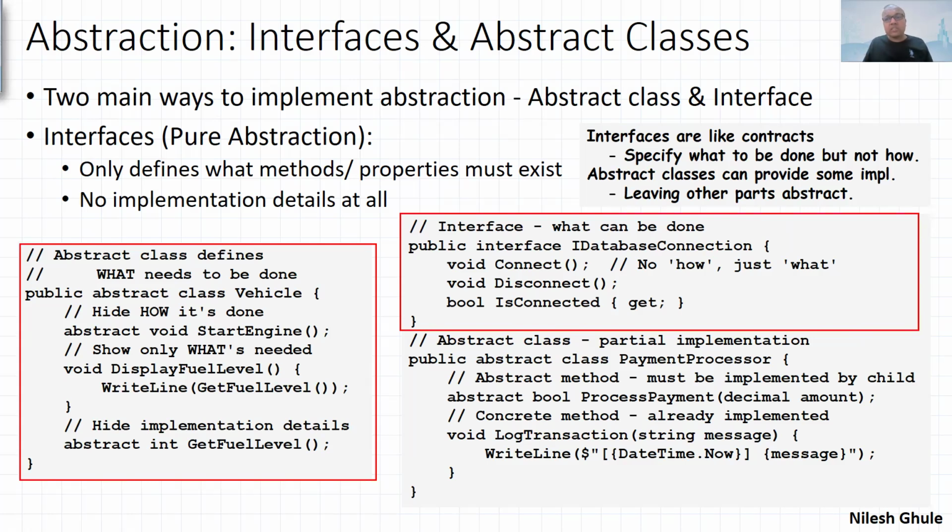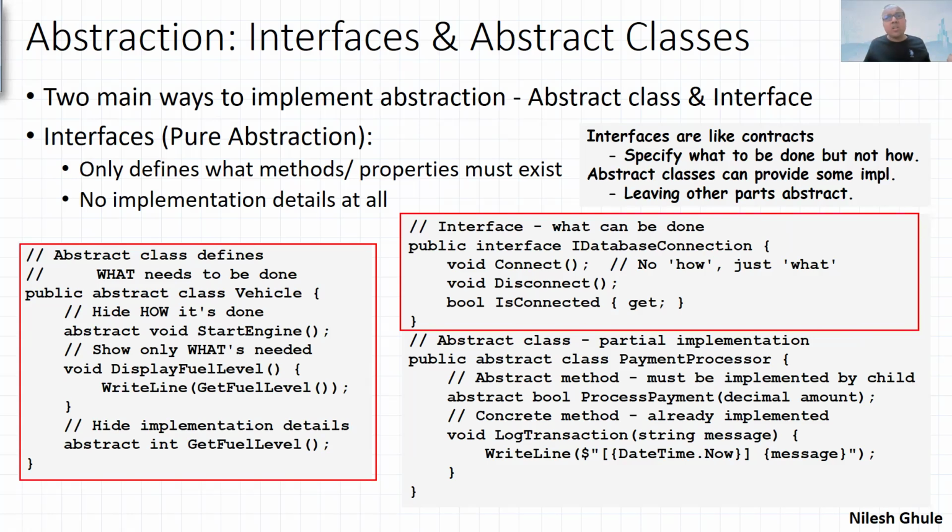What you can do is go ahead and write your own class, and that class can be inherited from the database connection. Depending on your database and your mode of connection, you can actually implement that interface. Now, the one who is going to use your class, especially your colleague who is supposed to use your implementation, will simply create an object and call the methods given in the interface.